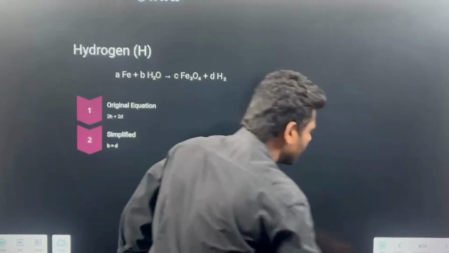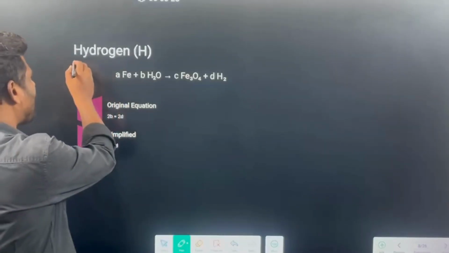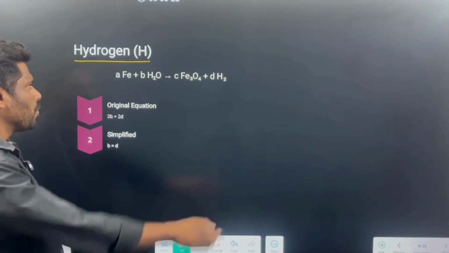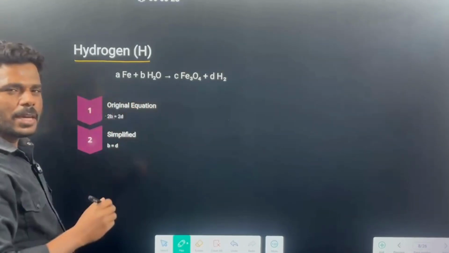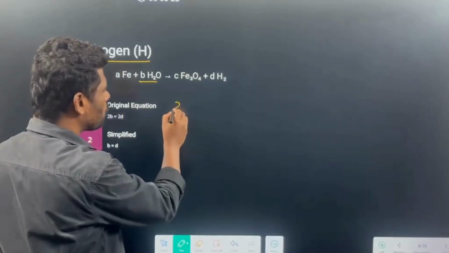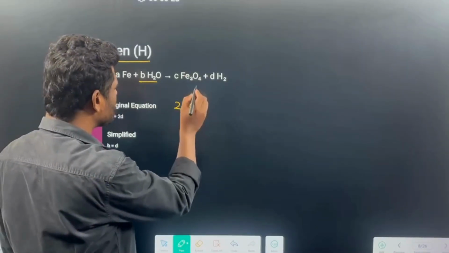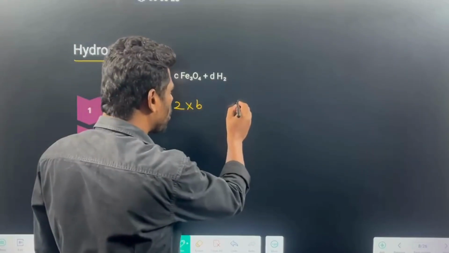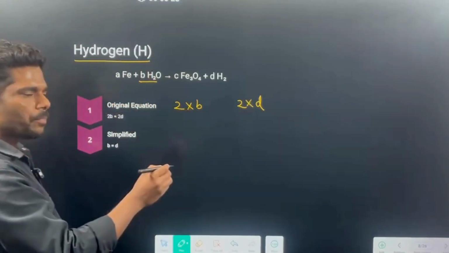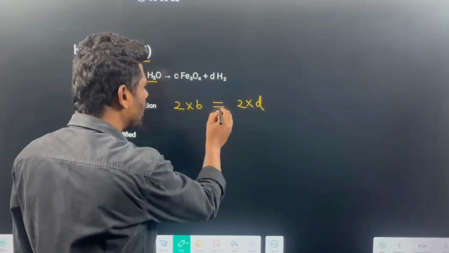Now taking the hydrogen atom, that is the hydrogen element, as our reference, if you write the algebraic equation, the subscript is 2 for hydrogen and its coefficient is B. On the product side, the subscript is 2 and the coefficient is D. So these must be equal.